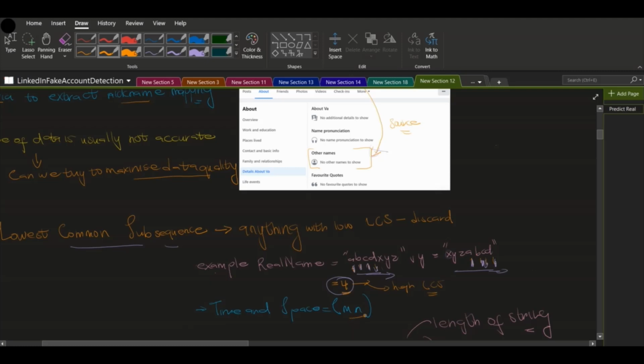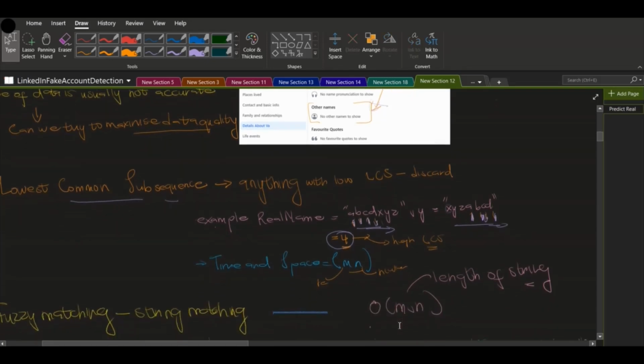However, this algorithm is not cheap. It's quite expensive. The time and space cost is O(M times N), with M denoting the real name and N denoting the nickname. So that's that. Are there other techniques that we can leverage? Yeah, we can.